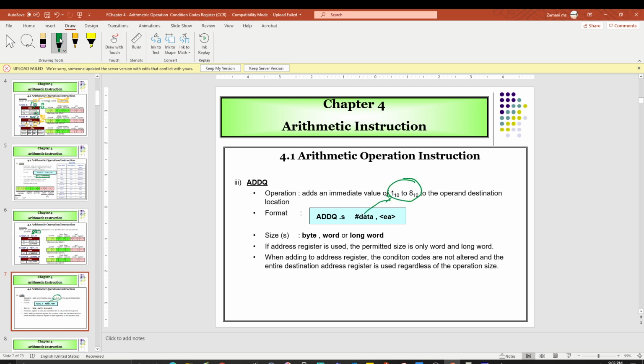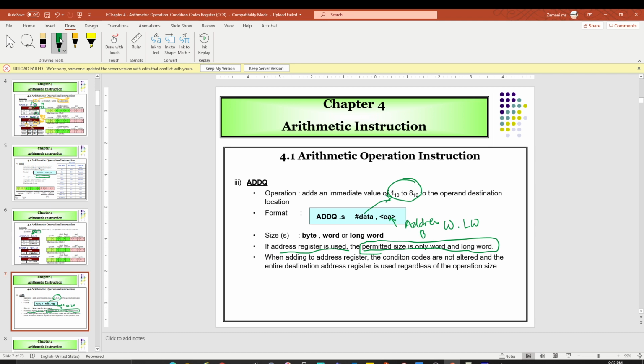The size for this case can be byte, word, or long word. If an address register is used, the permitted size is only word and long word. So if the effective address is an address register, again you can only use word and long word. Byte is not allowed.